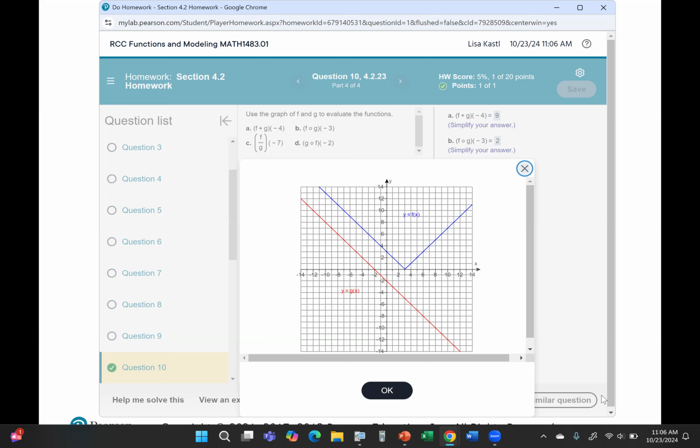Now the second one's a little more complicated. You're trying to find f composed with g at -3. So by definition, let's go over to our slide.